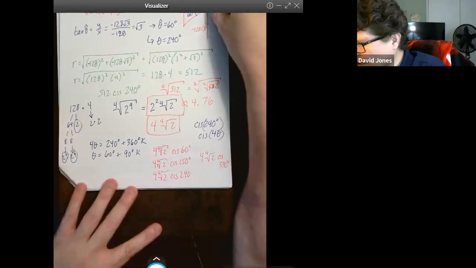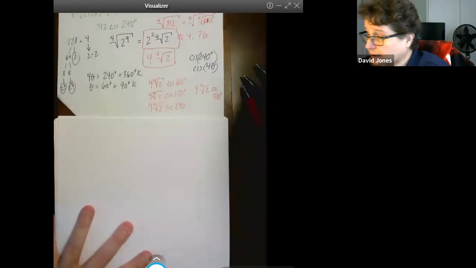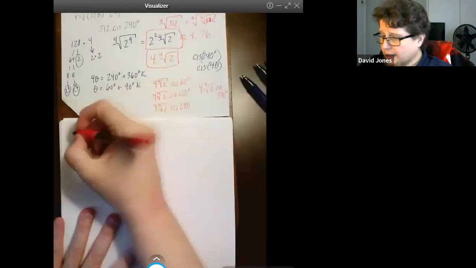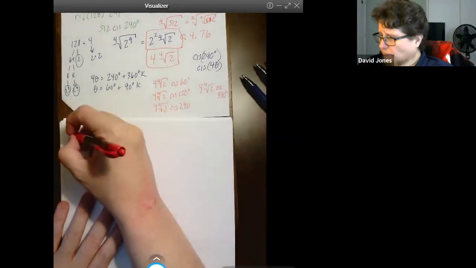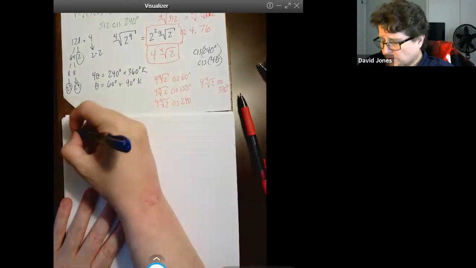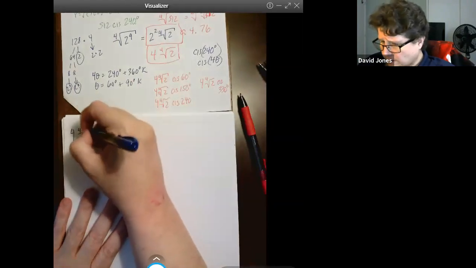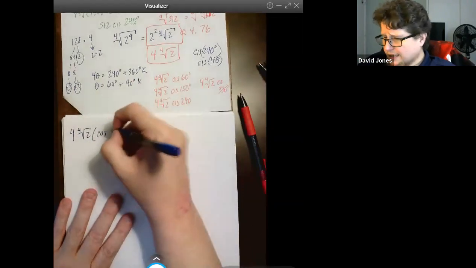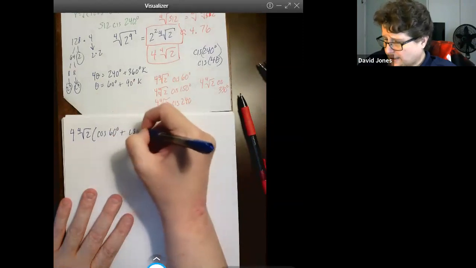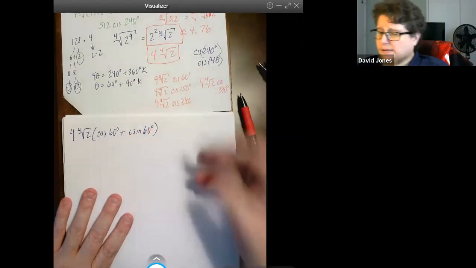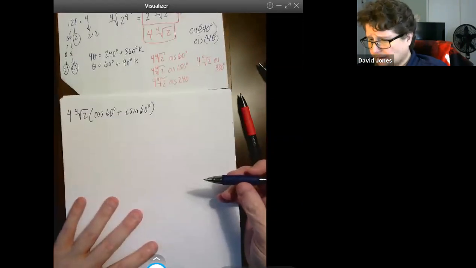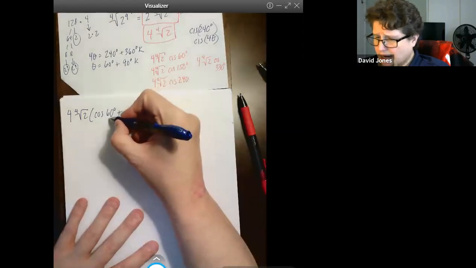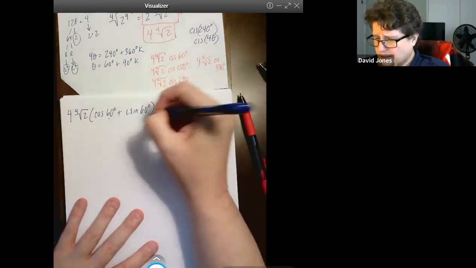They wanted our answers in rectangular coordinates, though. So what are we looking at here? Answer 1. I've got cosine of 60 plus I sine 60. This is 1/2. This is root 3 over 2.